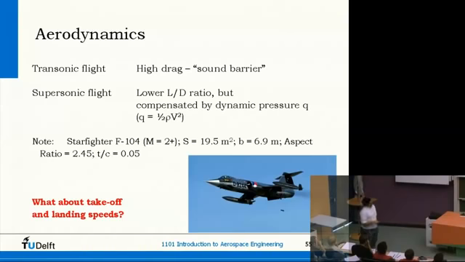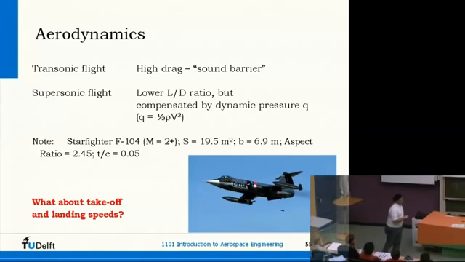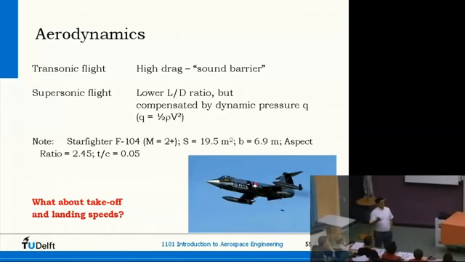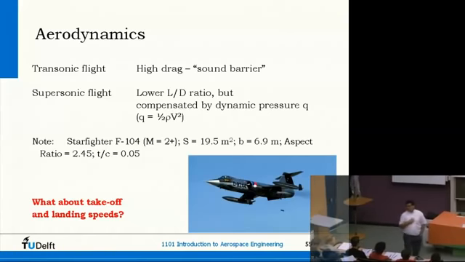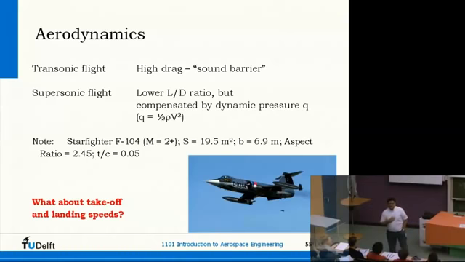I don't know how many people have seen this aircraft in real life. It's a Starfighter. If you come close to it, you see how astonishingly small a wing surface it has. It's really a very small wing. That means for takeoff and landing, you need very high takeoff and landing speeds, and also very long landing strips.